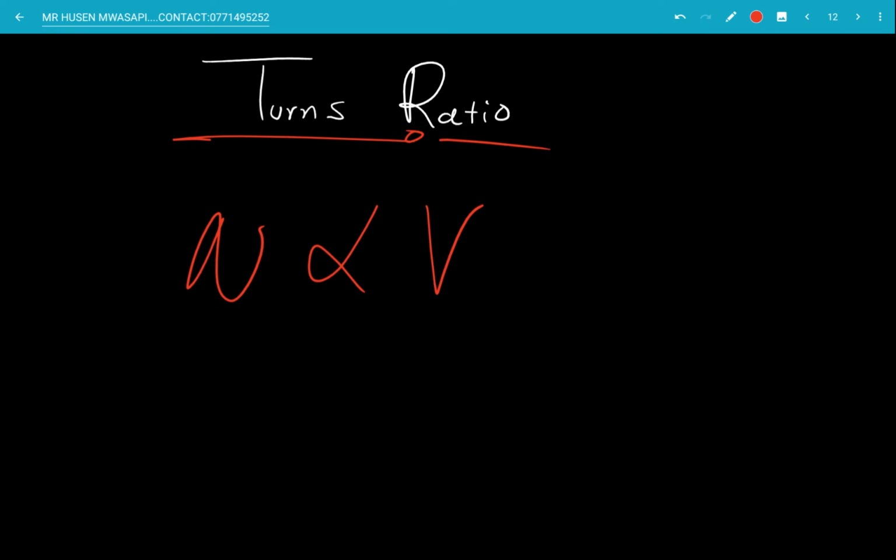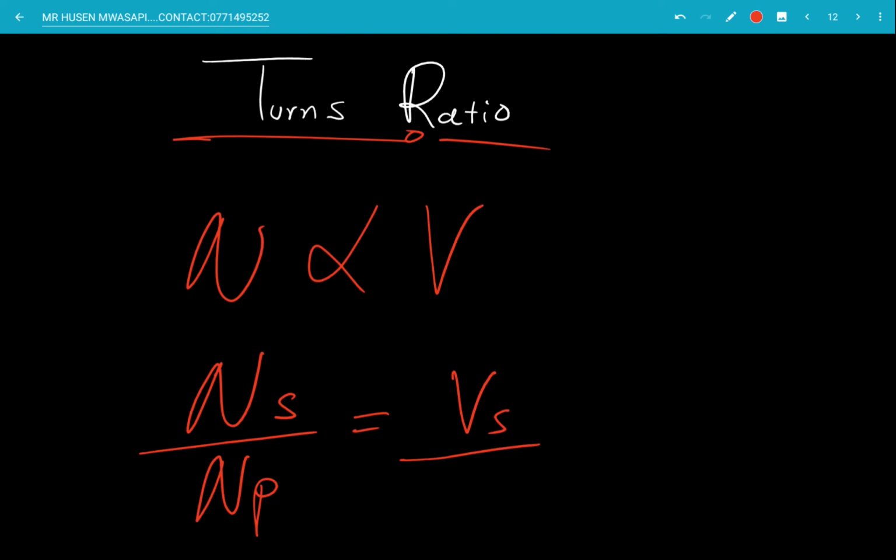So be mindful about it. This implies that the number of turns in the secondary over the number of turns in the primary is equivalent to the amount of voltage in the secondary over the amount of voltage in the primary.